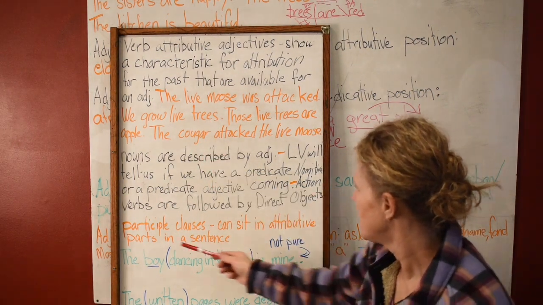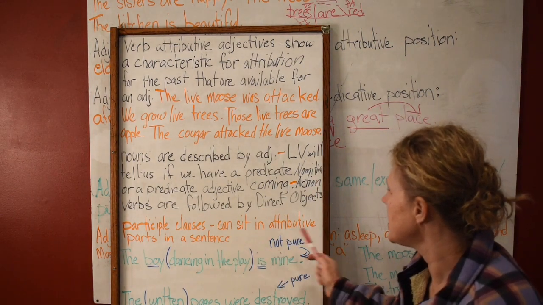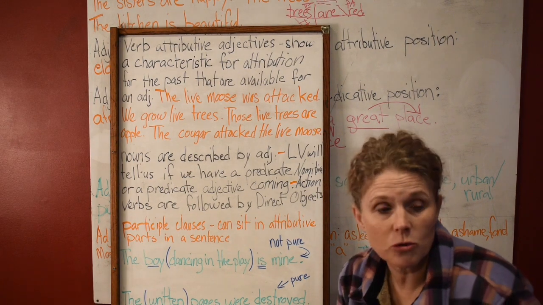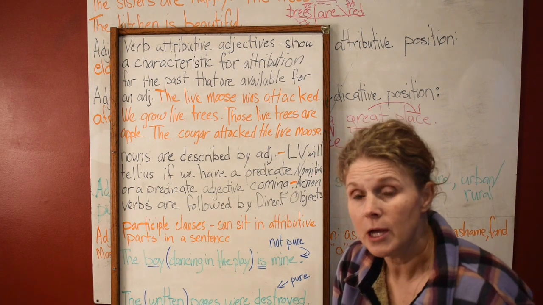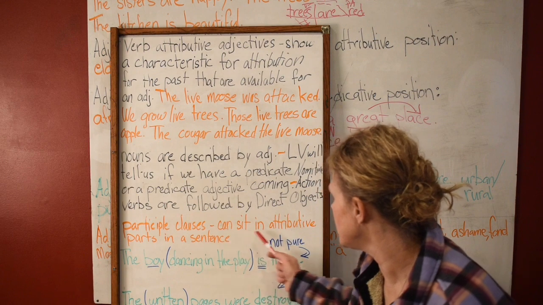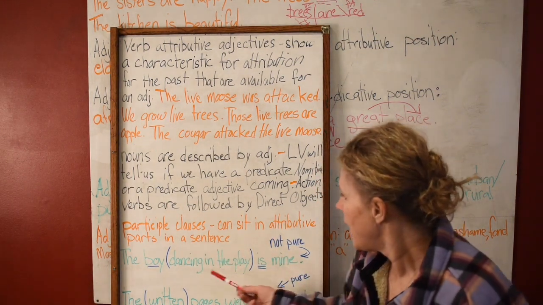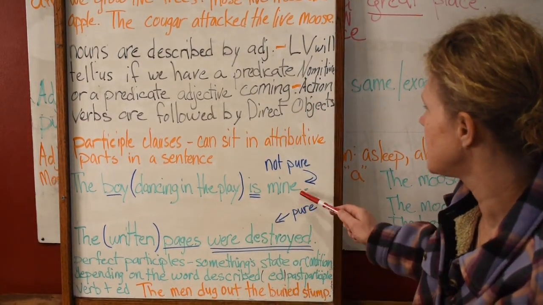Okay? So now let's talk about participle clauses. They can sit in attributive parts in a sentence. We talked a little bit before. We mostly look at the attributive position before the noun. But here is a time where you can see an attributive being after the noun. We have: the boy dancing in the play is mine.